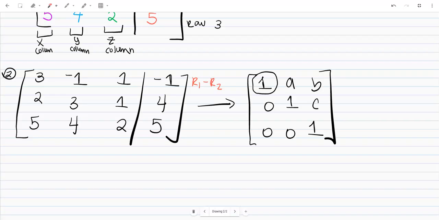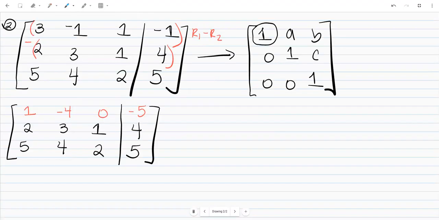My new row 1 will be 3 minus 2, which gives me 1, negative 1 minus 3, which gives me negative 4, 1 minus 1, which gives me 0, and negative 1 minus 4, which gives me negative 5. This is now my new row 1.